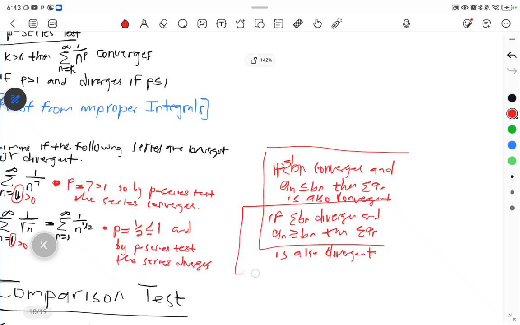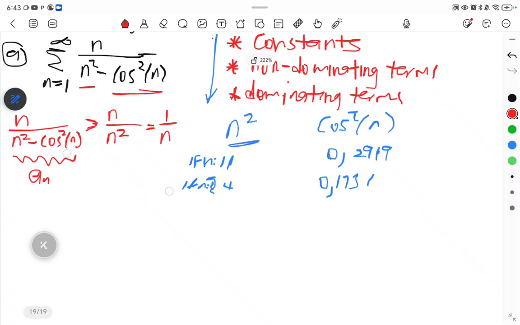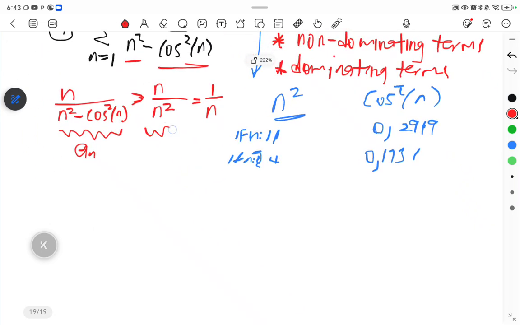Now we realize that an is bigger than bn. And if I check bn, I find that it diverges, then I know that also an will diverge. I got here that an is bigger than bn. So what will happen is I'm going to take the summation from n equals 1 of this, which is bn, right?